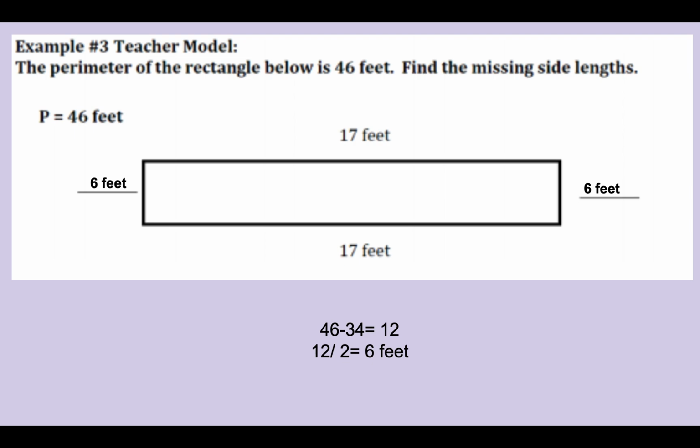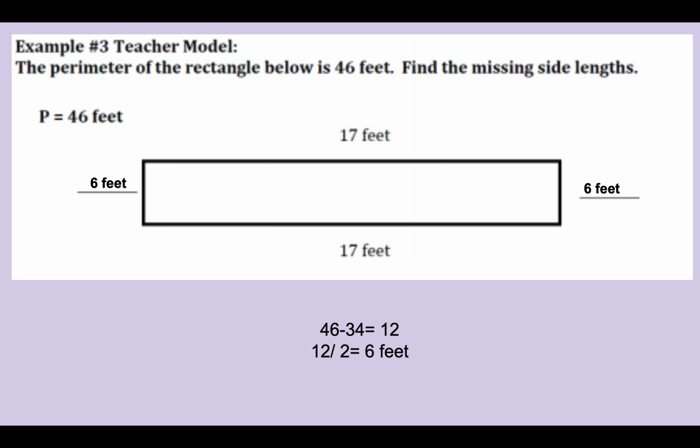So let's figure out what the missing sides are. In order to do that, we need to take the total perimeter of 46 and subtract 34. Remember, I got 34 by adding together 17 plus 17. And if I subtract 46 minus 34, I get 12.